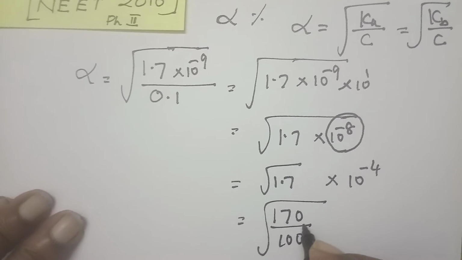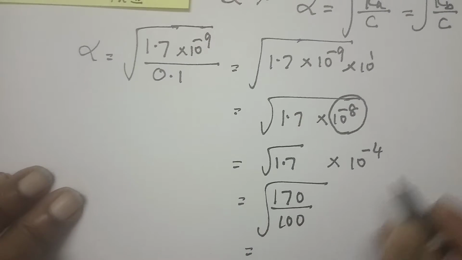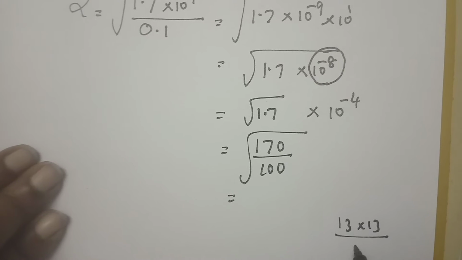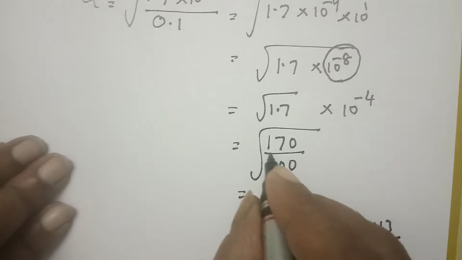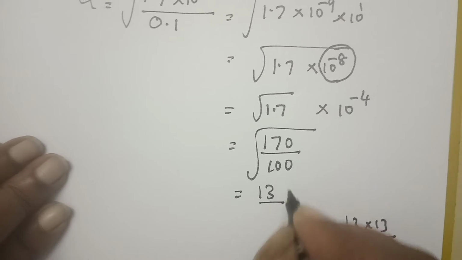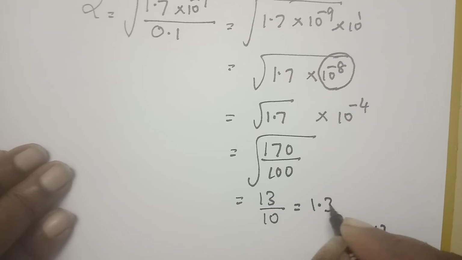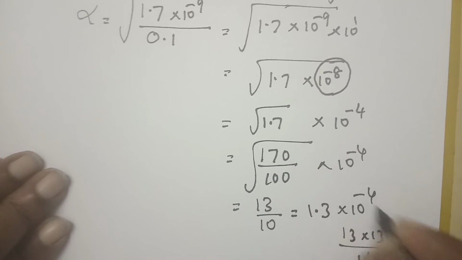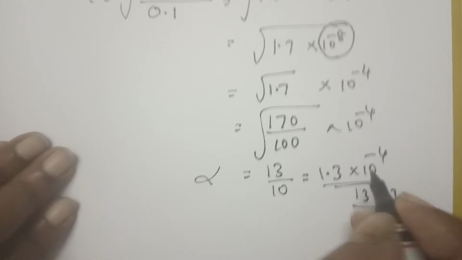Now 13 into 13 is 169, so the square root of 170 is about 13, divided by the square root of 100, which is 10. So your answer is 1.3 into 10 power minus 4, which we keep. So now alpha is this.